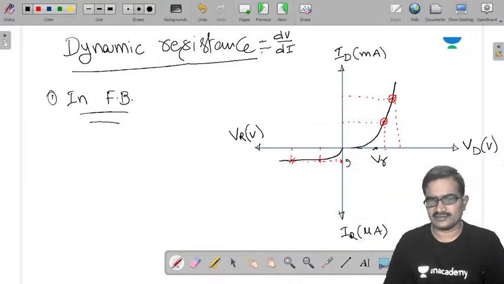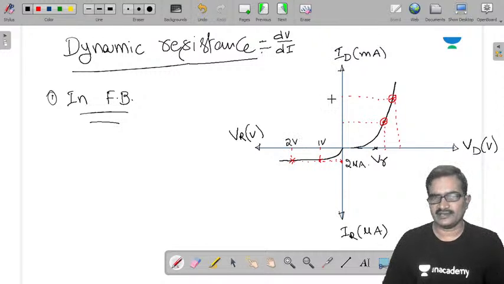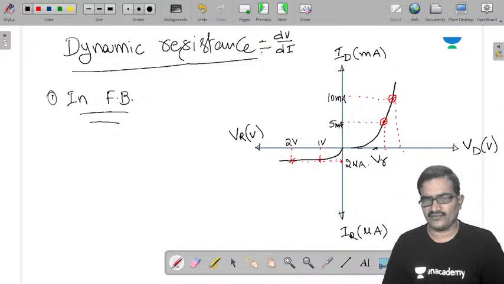Now this is 2 microamps. Previously we took 1 volt and 2 volts. Now I am taking 5 milliamps and 10 milliamps. Now it is 3 volts and 5 volts.